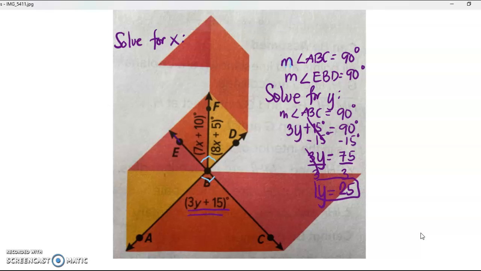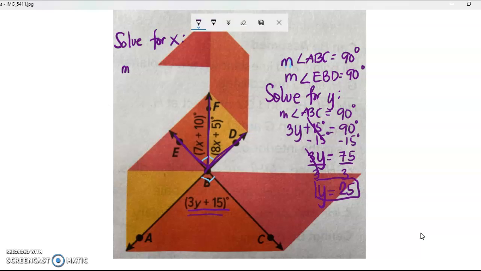We have this, class. We have angles EBF and angle FBD. And we know, class, that this whole angle, both of these angles, EBF and FBD, will be equal to 90.